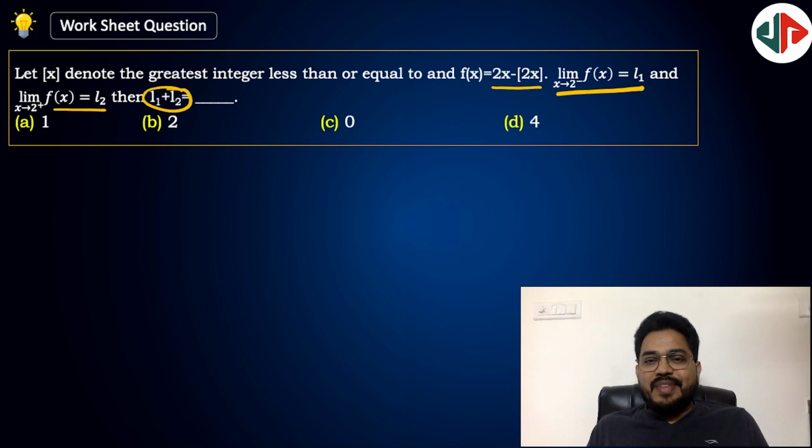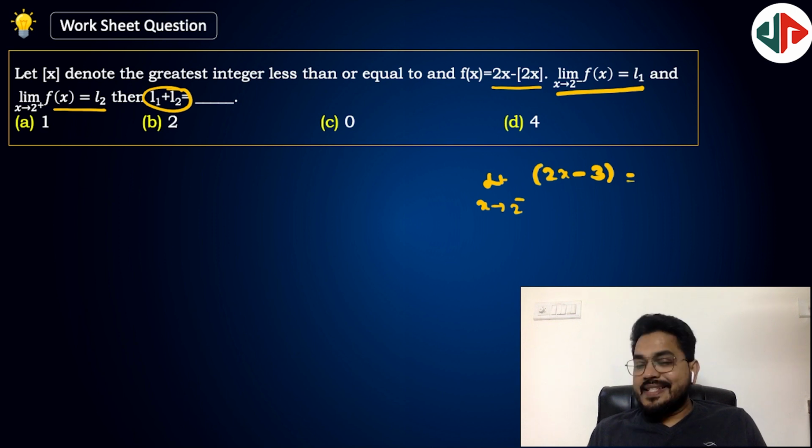So here, limit x tending to 2 minus: x is less than 2, 2x is less than 4, whose step value will be equal to 3. So now the answer is 4 minus 3, which is 1.